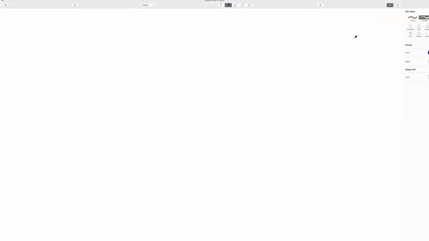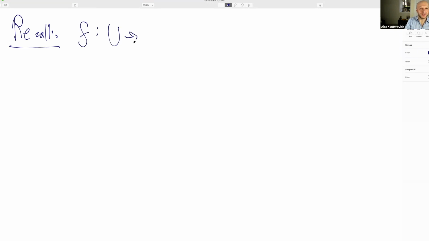All right. So what did we do last time? Recall. So we started thinking about conformal maps. F from U to V is conformal. Again, really conformal means angle preserving, and all holomorphic functions are angle preserving, but we want conformal.